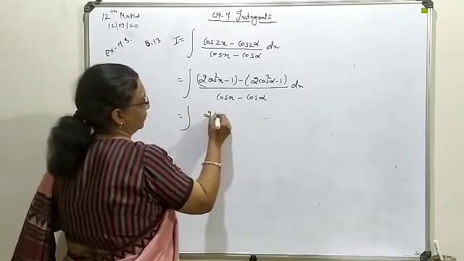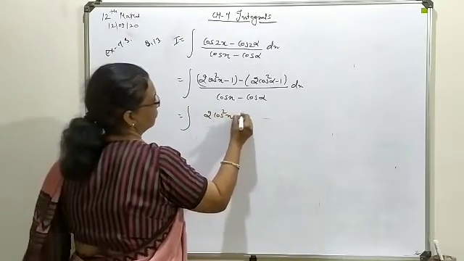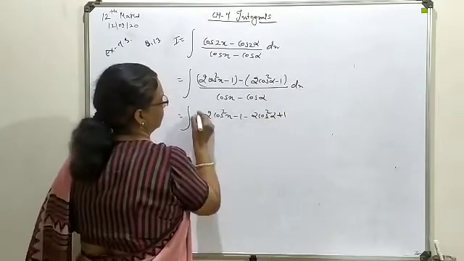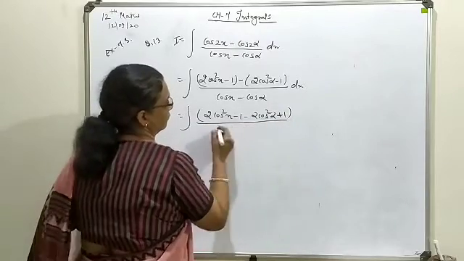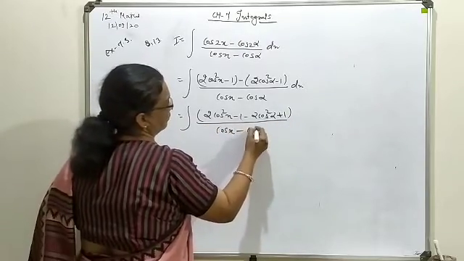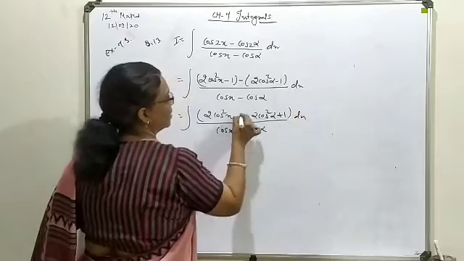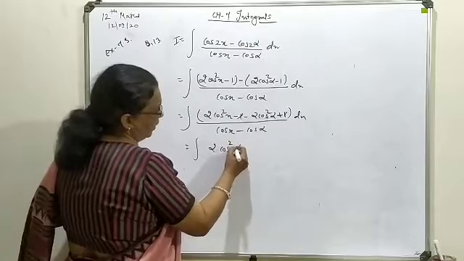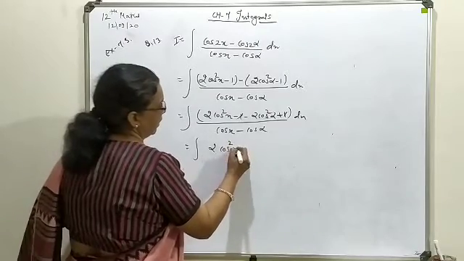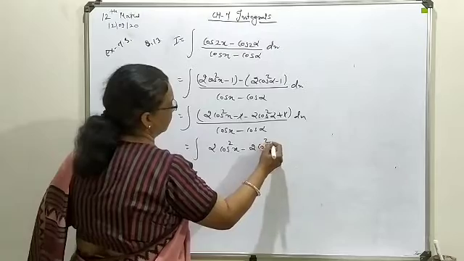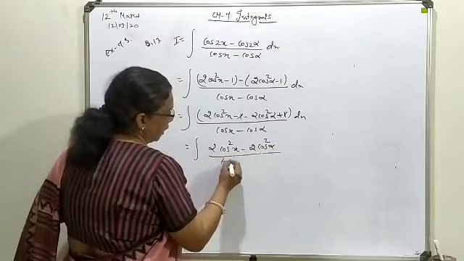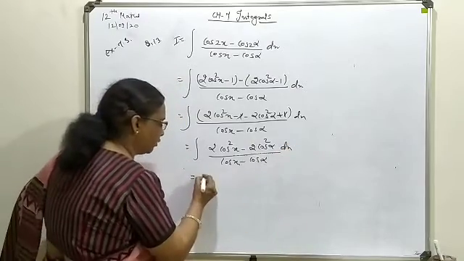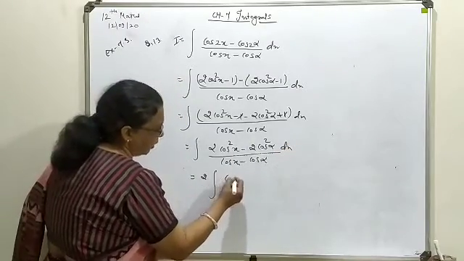Make them multiply with negative sign for the second bracket term. This minus plus will adjust. Remaining is 2 cos square x minus 2 cos square alpha upon cos of x minus cos of alpha. 2 you take common in the numerator terms.